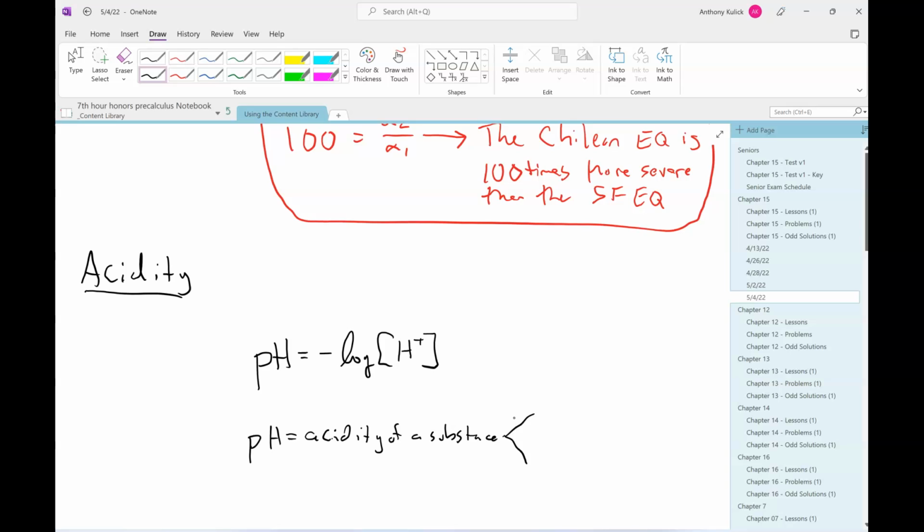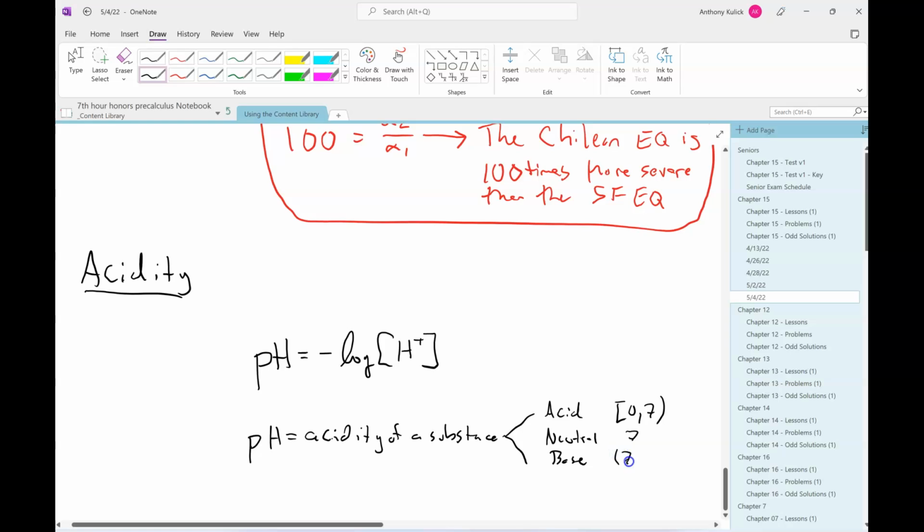And there's 3 different types of substances, right? Acids, neutrals, and bases. What pH readings represent acids? Okay, so we'll say in set notation 0 to 7. What's neutral? 7. And what's base? 7 to 14.